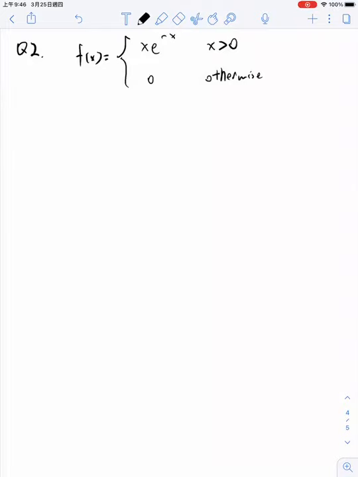According to the definition of the Fourier transform, if we want to transform the function f(x), it is equal to an equation like this.